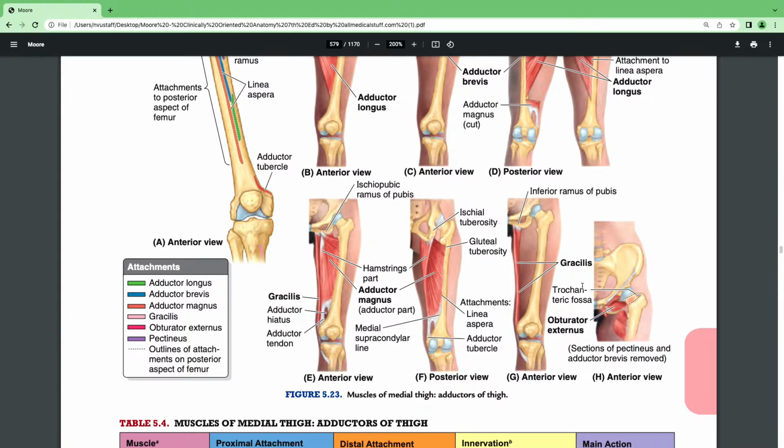So that's why in case of anatomical position of a lower limb, in case of a thigh, the anterior compartment would contain flexors of the hip and extensors of the knee. So that's how it works.